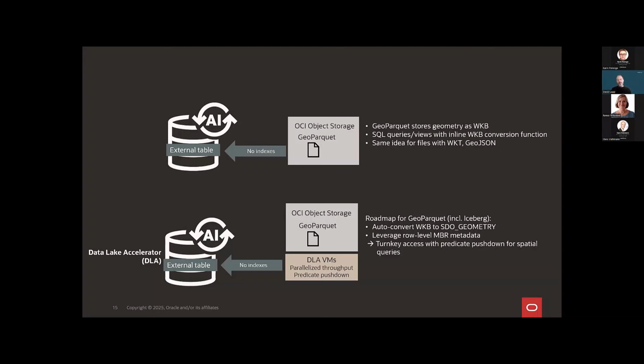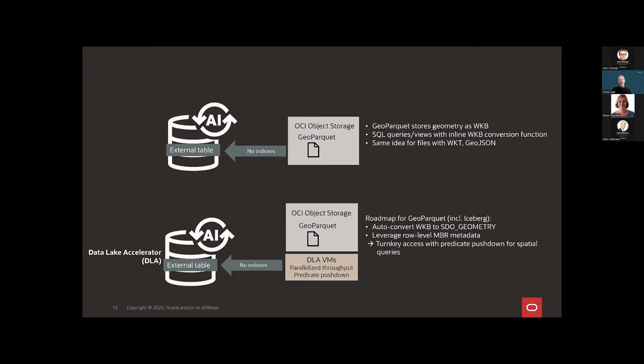But the other, really super important point is that it will be part of the other enhancement that we're working on, which is to leverage another aspect of GeoParquet that will make this scale. And that is the fact that within the Oracle AI Lakehouse architecture is the so-called Data Lake Accelerator.